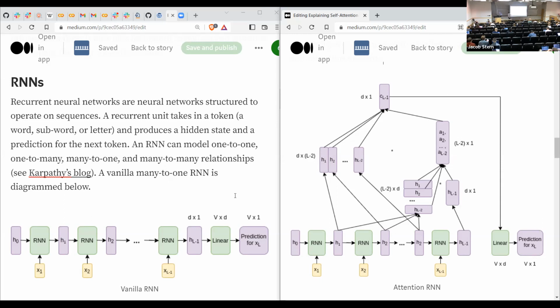So looking at this, what do you see as being the differences between a vanilla RNN and an attention RNN? And also, if you can't see in the back, you can pull up this blog post on Learning Suite as one of your readings for the week.